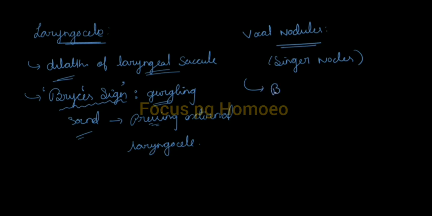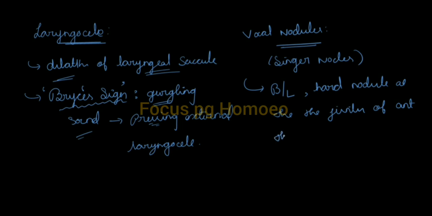And here it is bilateral, and there will be hard nodules at the junction of anterior third and middle third. So in case of vocal nodules, which is also called as singer node, that will be bilateral, and hard nodule at the junction of anterior third and middle third. Okay.